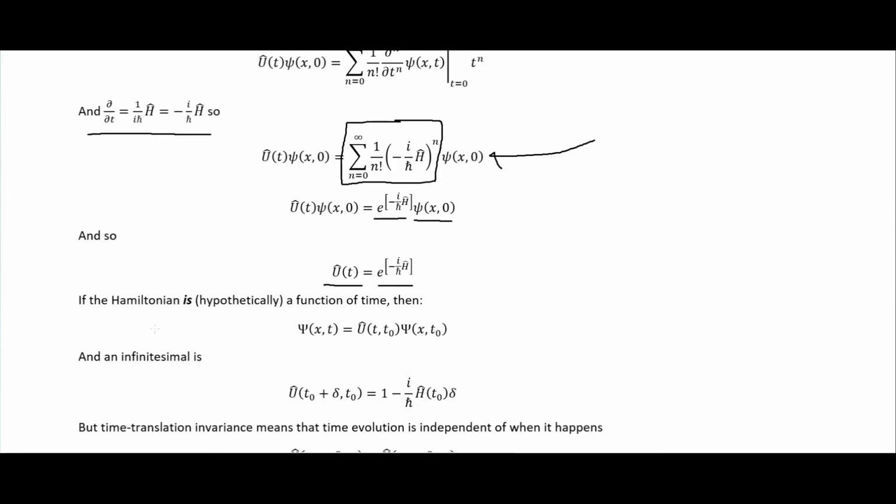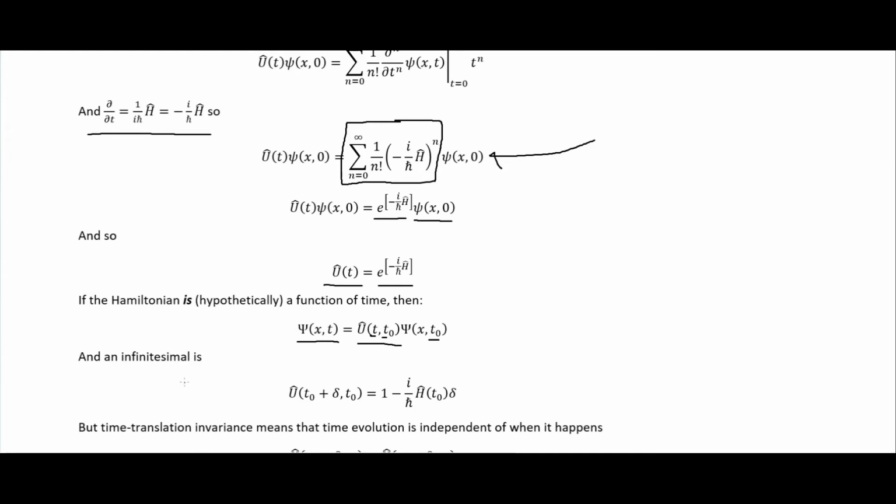So if the Hamiltonian is hypothetically a function of time, then the wave function here at time t has to be equal to the time evolution operator here, which is a function of what time it is now and when it started, acting on the wave function, which is a function of when it actually started. So when we acted the time evolution operator on it.